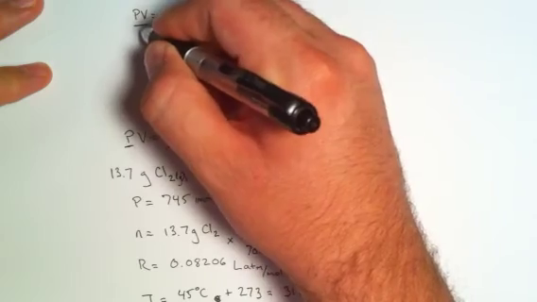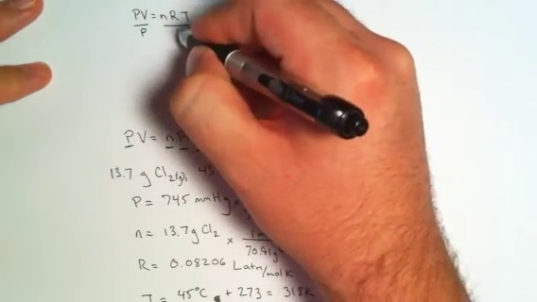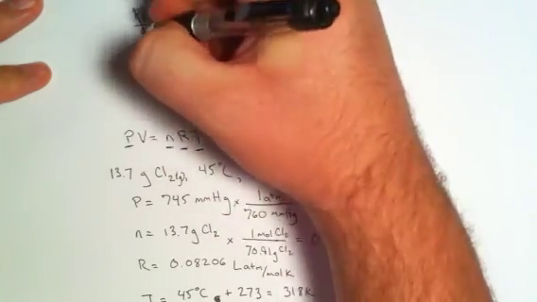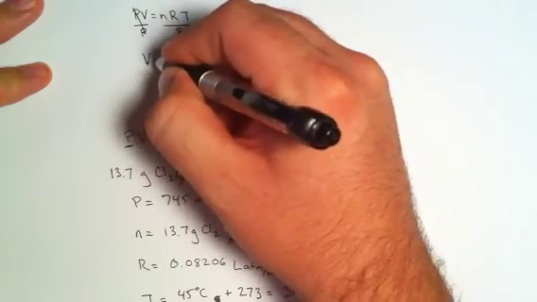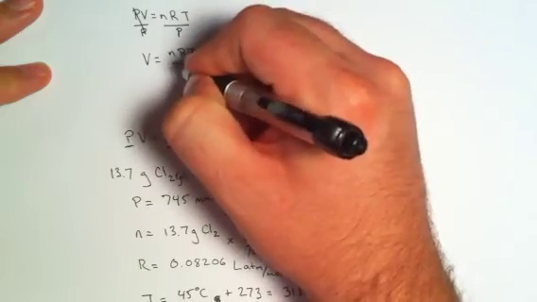So we need to divide by P, and we have to do that to this side as well. P divided by P is just 1, and 1 times V is just V, which is equal to nRT over P.